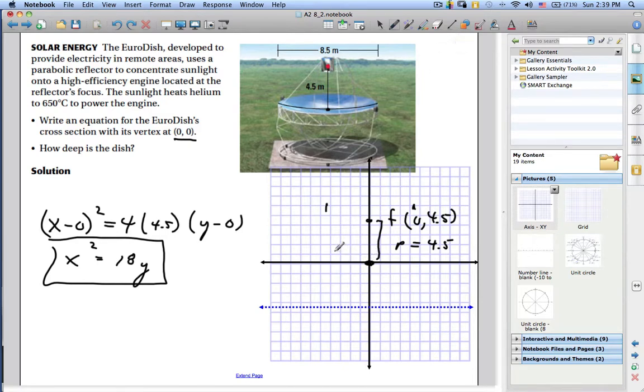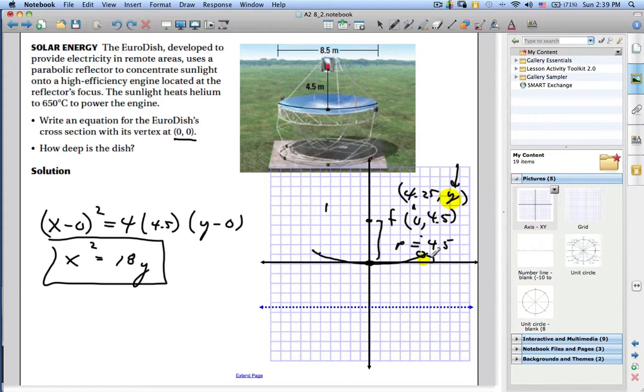So the depth of the dish is going to be whatever is the y-coordinate of my parabola out here, where x is equal to 4.25, right? So what I need to find is this item right here. I know that my x-coordinate will be 4.25 and my y-coordinate will be this distance right here, which is the distance we're looking for. How deep is the parabola?